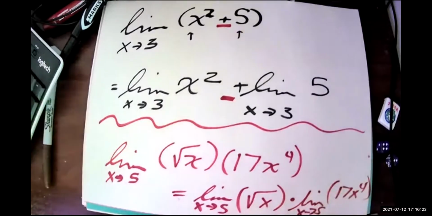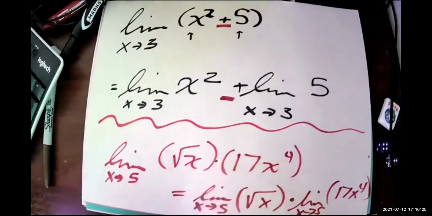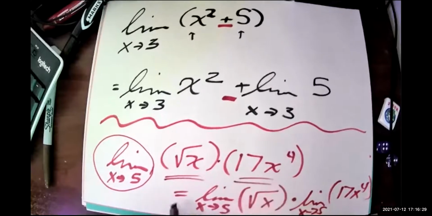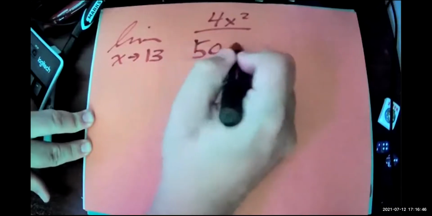What is my point? My point is if it's multiplied here, you can take the limit idea and give it to each thing and multiply the answers. You can also do that with division. Little case looks kind of like this. Say it's the limit as x approaches 13 of 4x squared over 50 minus x.